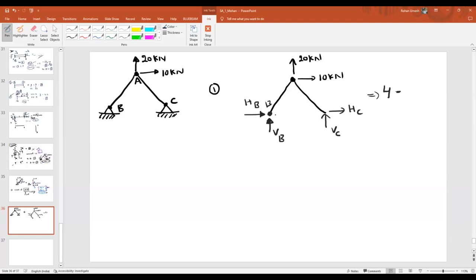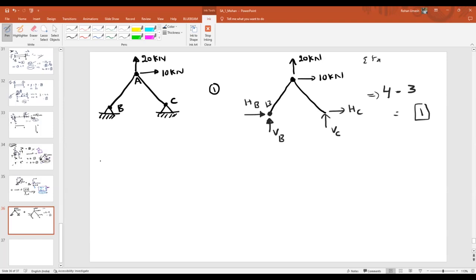Movement will develop, yes. So how many equilibrium equations do we have to consider? Three. So what is the indeterminacy? One.